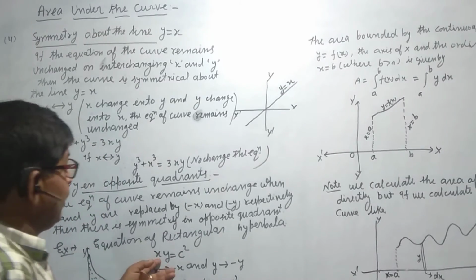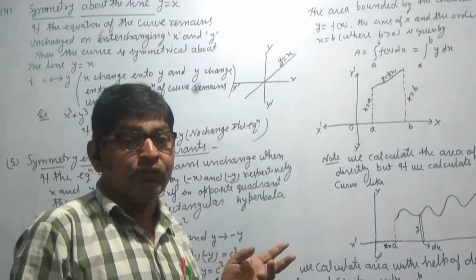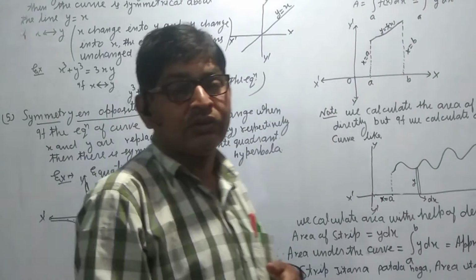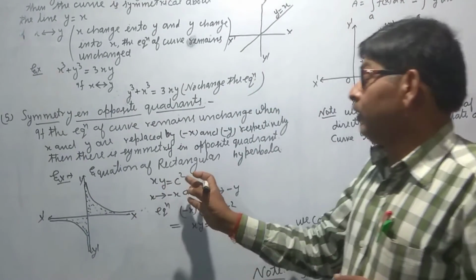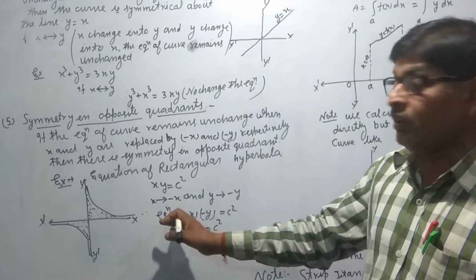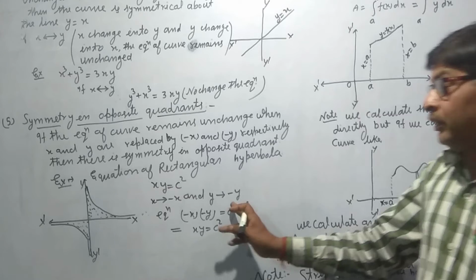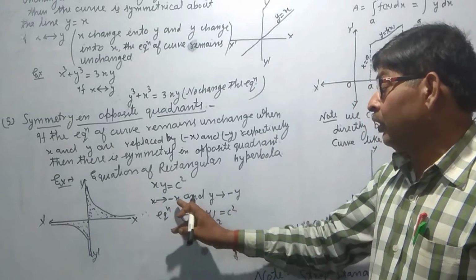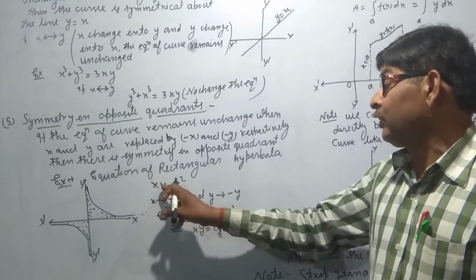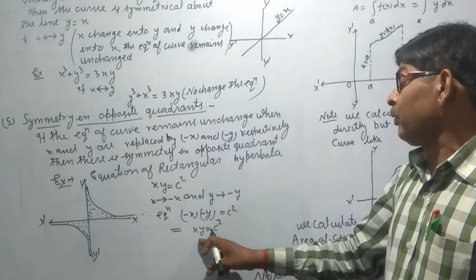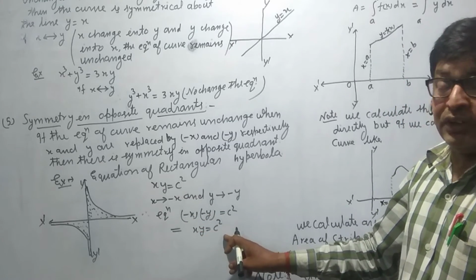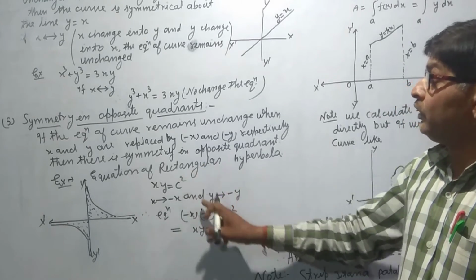We take the example, the equation of a rectangular hyperbola xy is equal to c square. Replace x by minus x and y by minus y; putting minus x and minus y, this is plus xy, so the equation of the curve has no change.